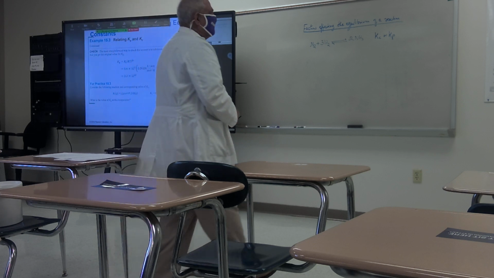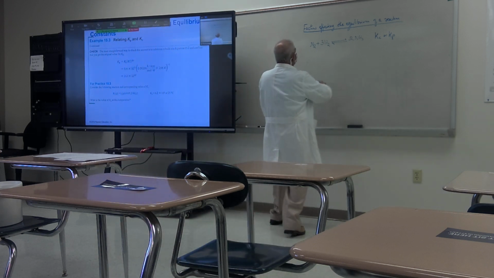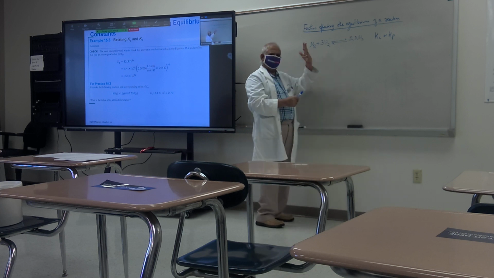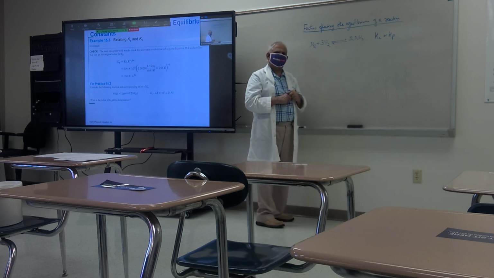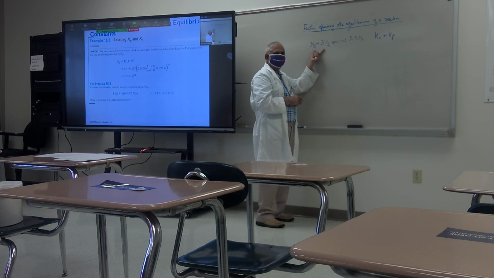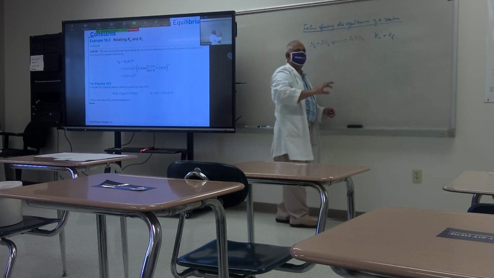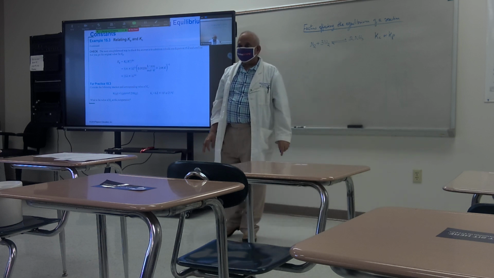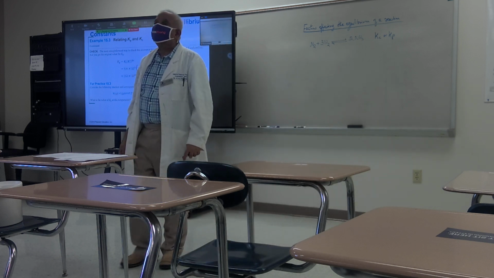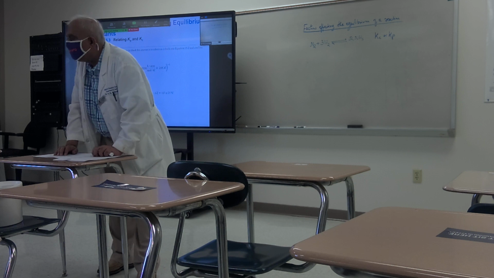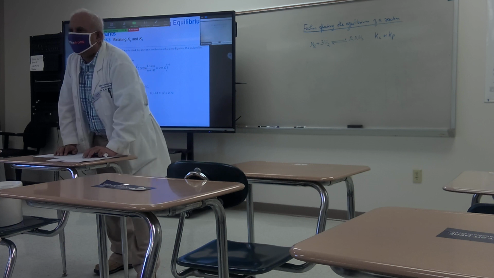Understand my point? Suppose you increase the concentration of these, one of them, any one or both. What happens? If you increase the concentration of that, again the equilibrium will be disturbed and more product will be formed, okay? So the existing equilibrium will be disturbed and a new equilibrium will be established accordingly.